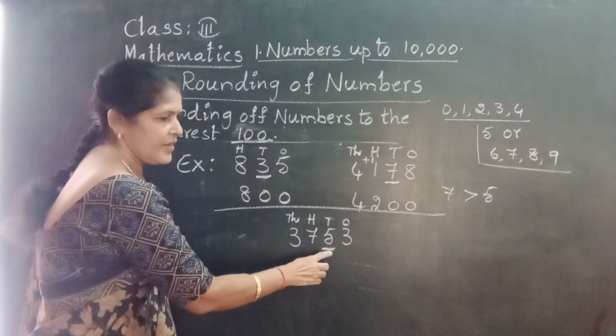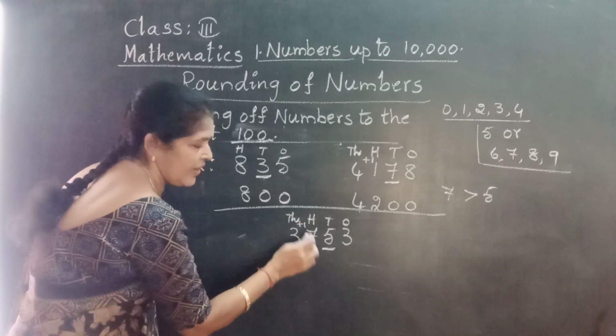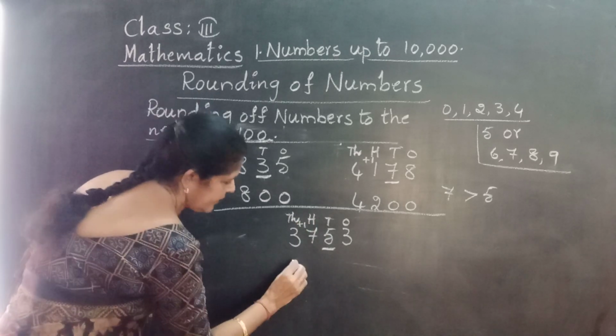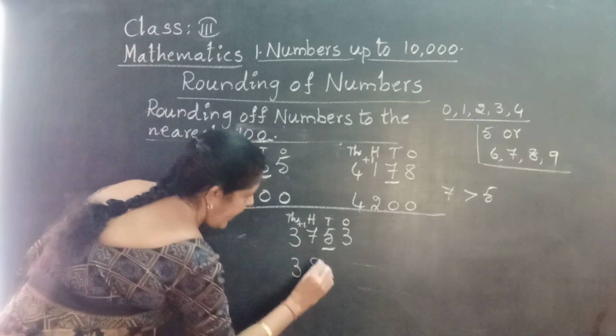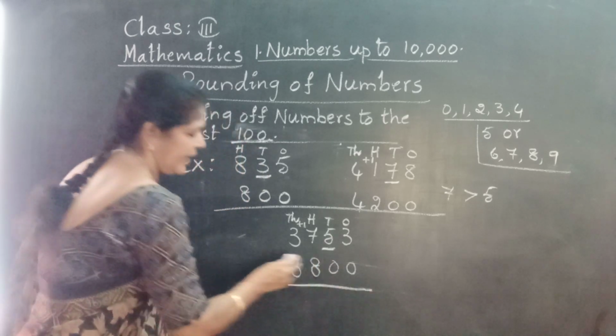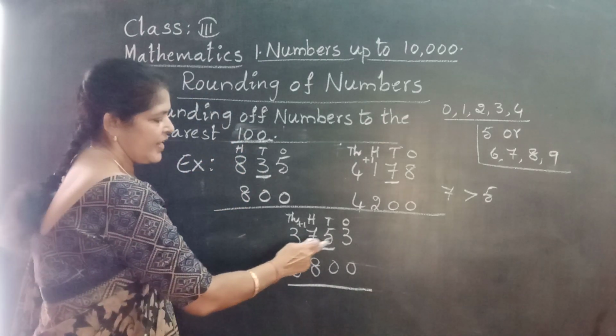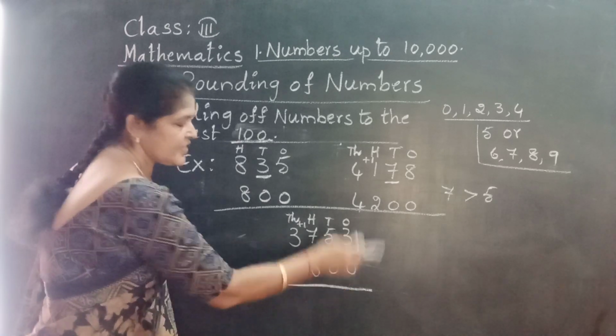Here the tens place number is 5, so add 1 to the hundreds place. That means 7 plus 1. Write the thousands place number as it is. 7 plus 1 is 8. Put 2 zeros in the tens and ones. That means 3,753 is nearest to 3,800.